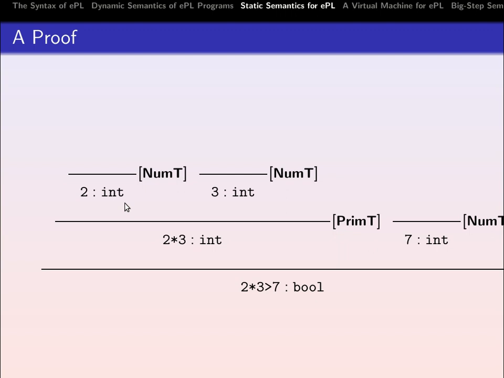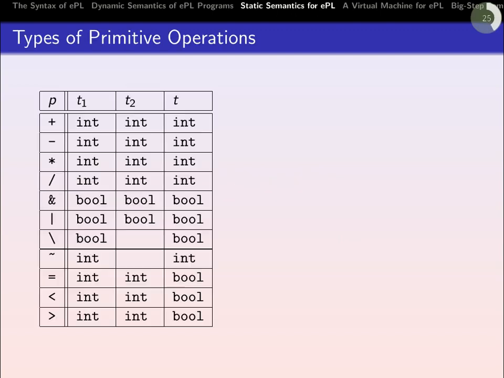So we created a formalism for defining the static semantics that actually ensures preservation by construction. If this has the correct type and this has the correct type, and these two types mix well with the operator that is between them, then we get a correct type. Right? This is what we're saying here.